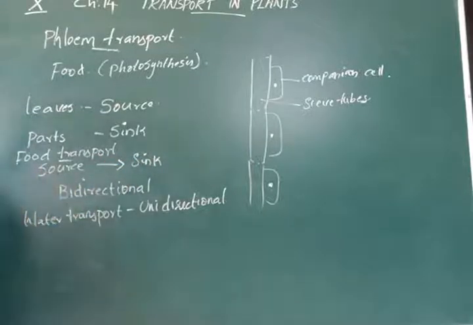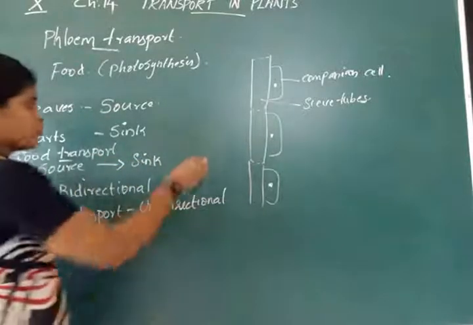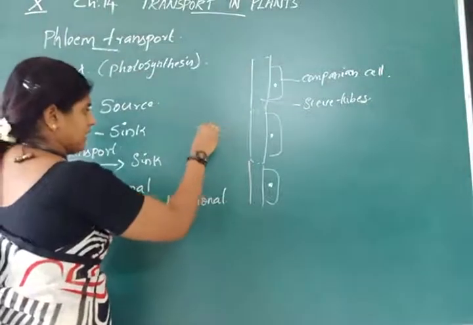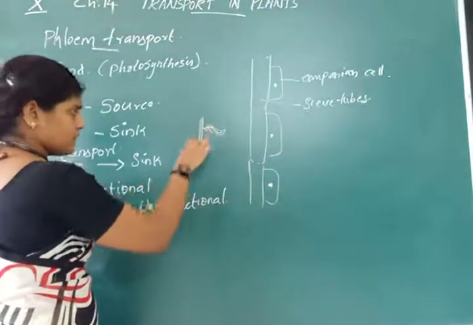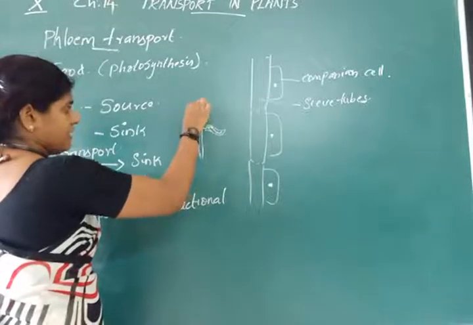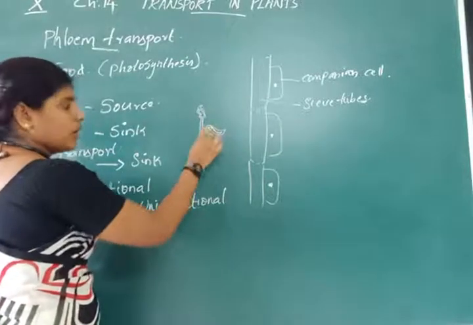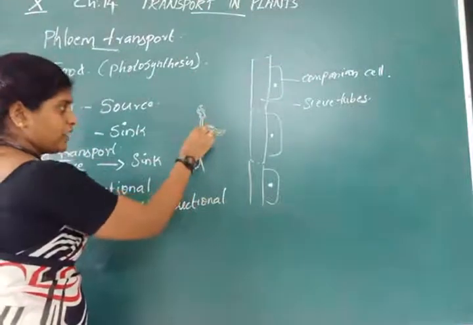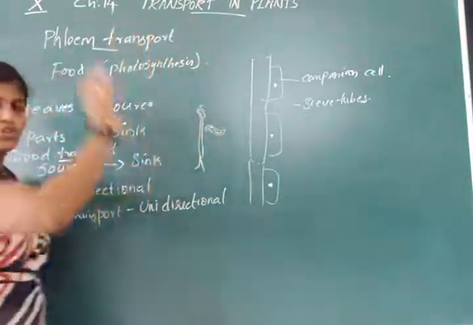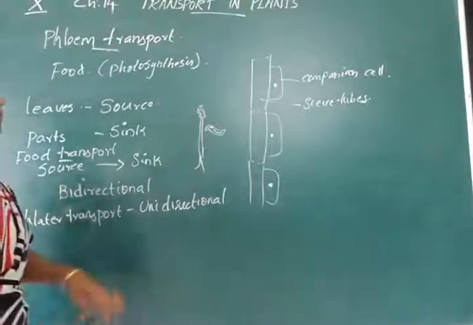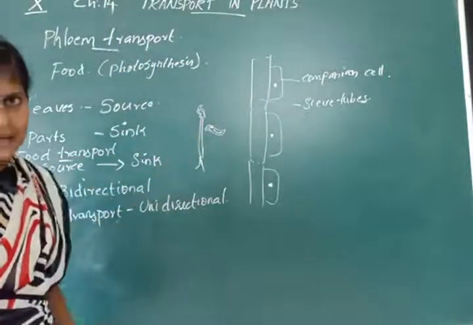So it is bidirectional. Suppose this is a leaf, where food is prepared, this is the flower bud, and this is the root. The food wants to be transported to the roots, as well as to the top or tip of the plant. So it is bidirectional.